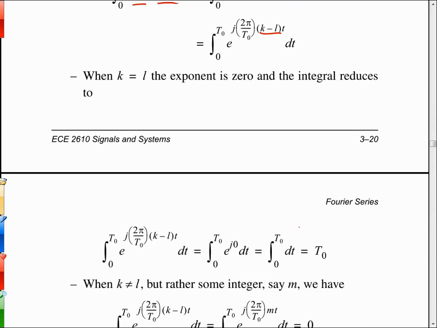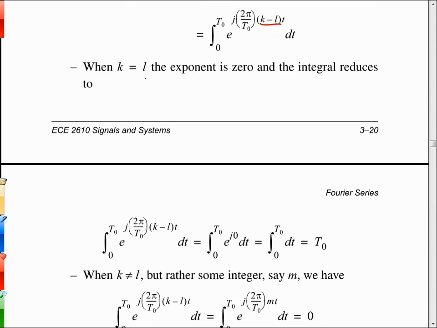So for the special case where k is equal to l, then that exponent goes away, right? Because we have this going to 0 when k is equal to l. So we integrate e to the j 0 on the interval 0 to T naught, and we end up with just the constant T naught.